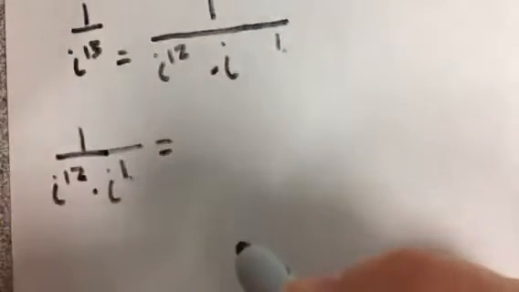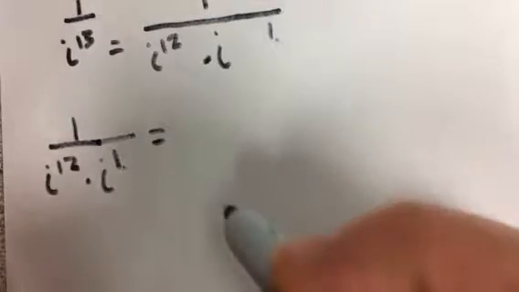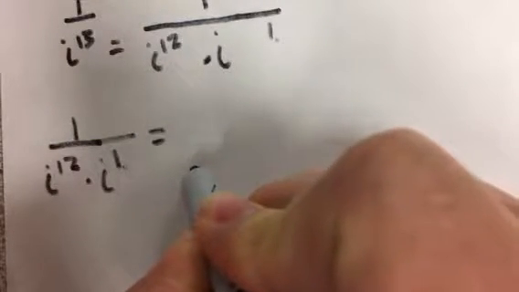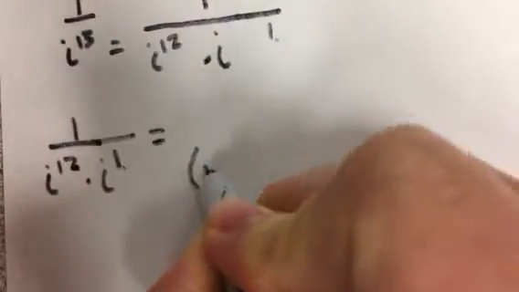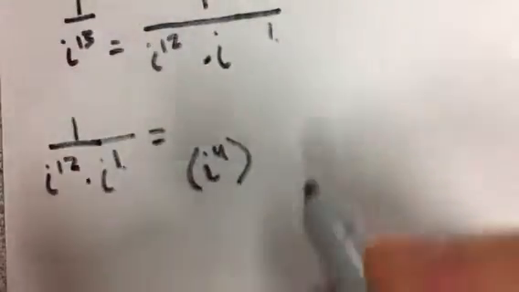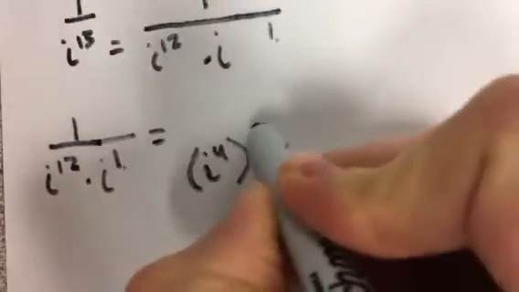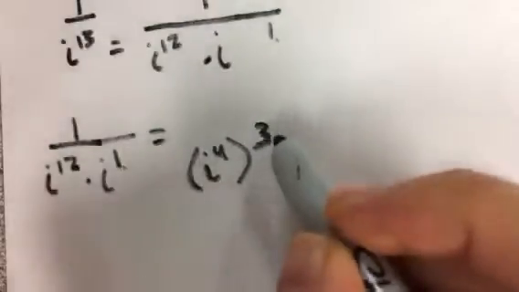That equals 1 over i to the fourth, raised to the third power, because how many times does 4 go into 12? 3 times.